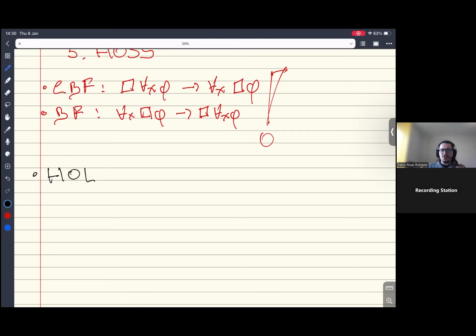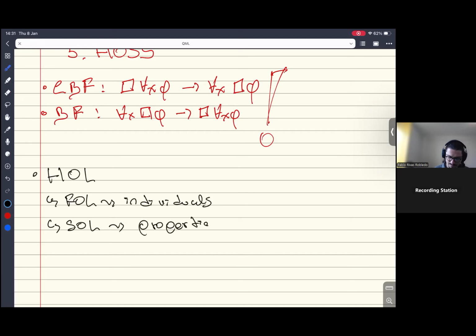First order logic restricts quantification to individuals. Second order logic is quantification over properties. In more mathematical terms, this means that in the first case we are quantifying over elements of the domain, and here we're quantifying over subsets of the domain.